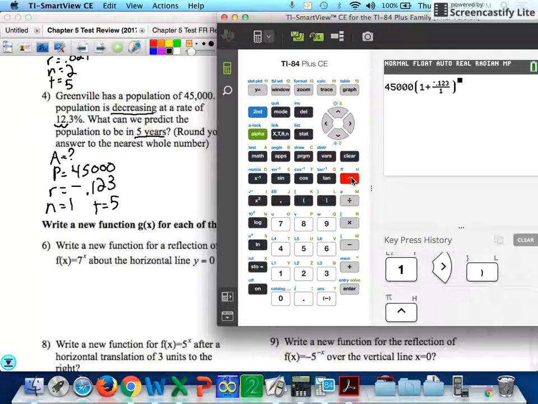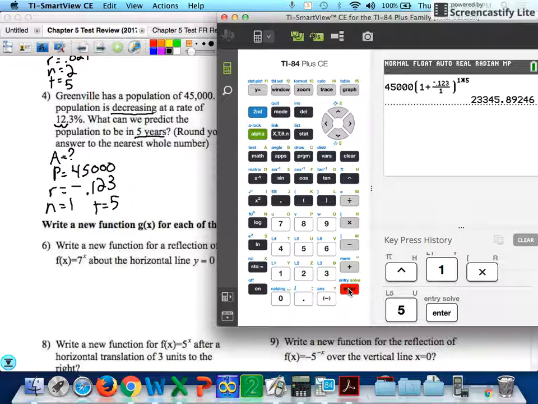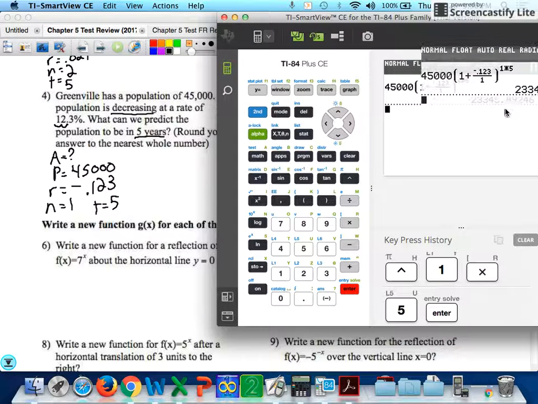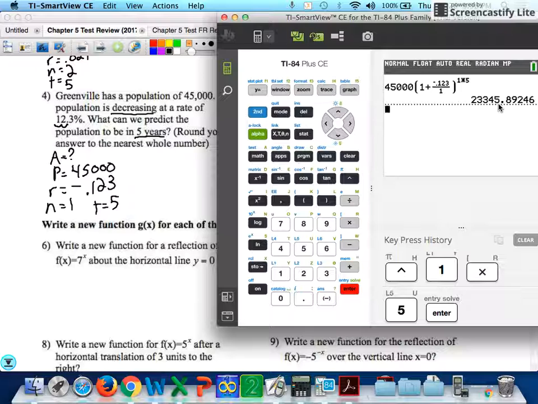And we're raising it to the n times t power, which is 1 times 5. When we press enter, it tells us in about 5 years, our population has dropped all the way down to this number. Now, we're not going to have decimal amounts of people. So we take that 8 and we bump up that next number, 23,346 people.